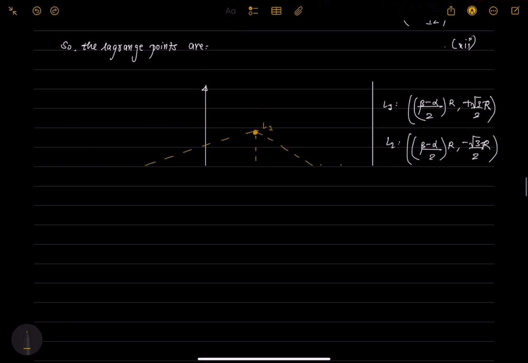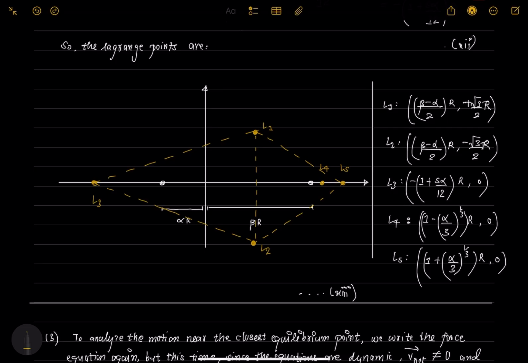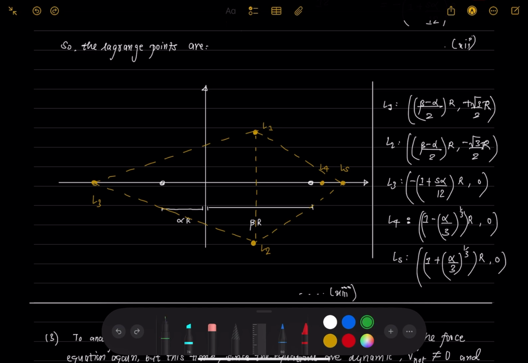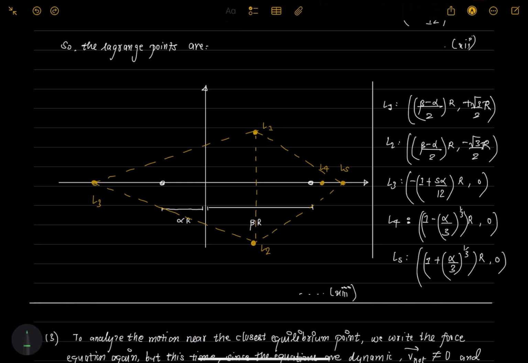So I've drawn a diagram depicting all of the possible Lagrange points in the two-body system, right? And I've actually made a list of all of them, right? And these are all the Lagrange points that we obtained analytically. So congratulations, we've obtained all the equilibrium points, and this was just the static case, by the way. So we're yet to deal with the dynamic case. So L1, this is L1, right? Here, it's possibly stable.